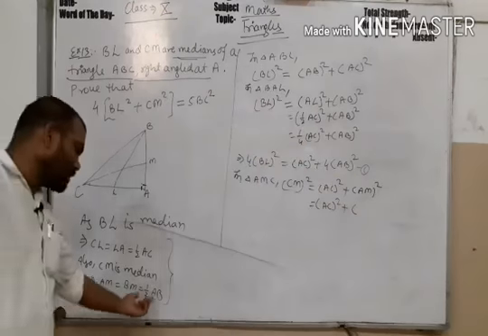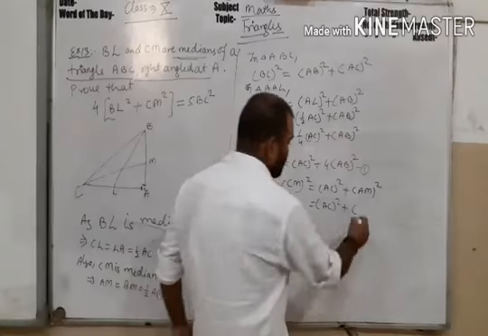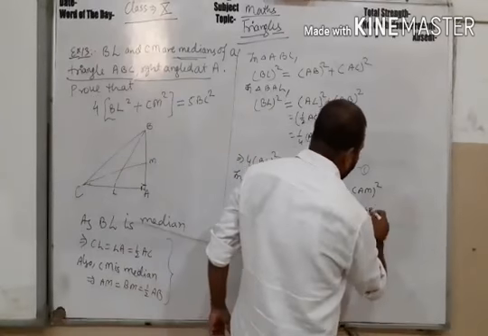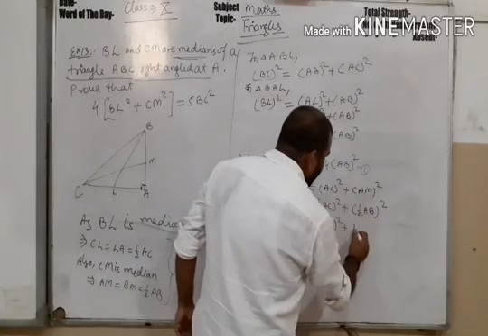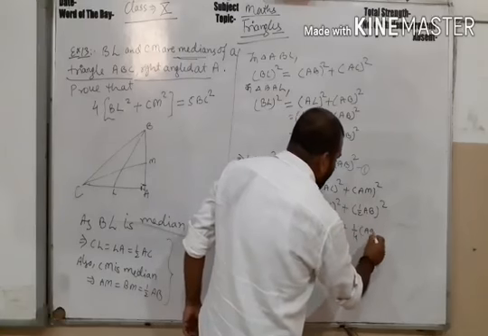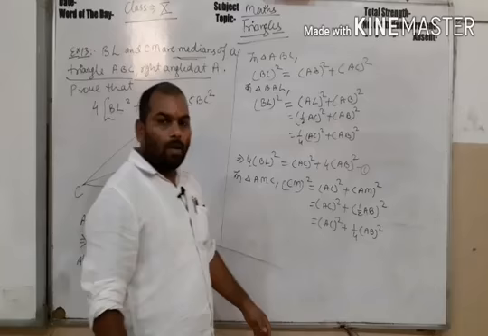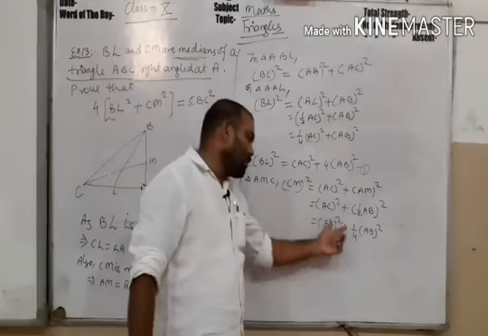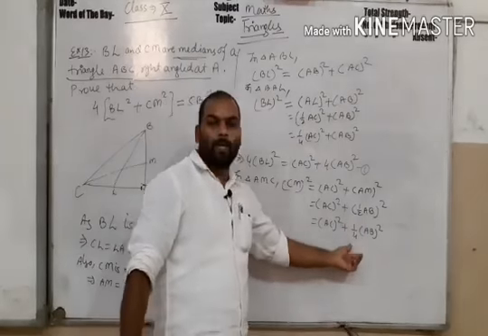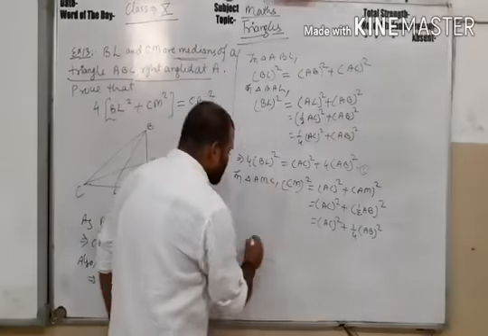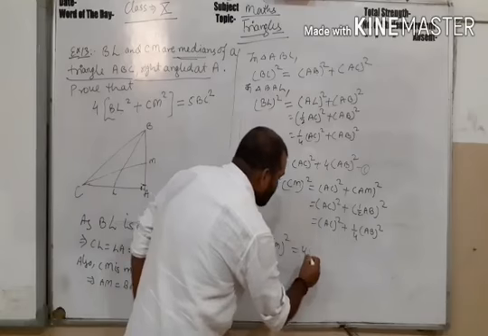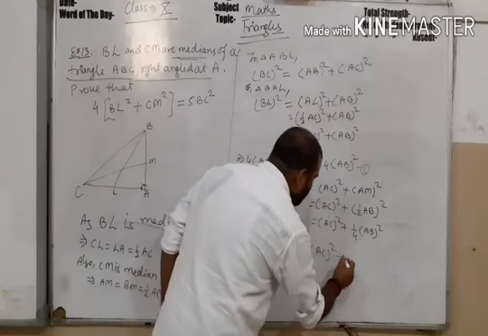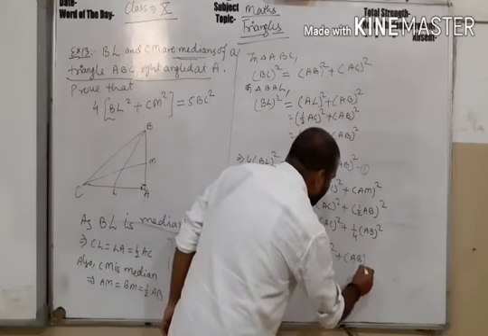AM can be replaced with half of AB. Again, this becomes the square of AC plus 1 by 4 times the square of AB. Now we will multiply each term again by 4 because this contains the denominator 4. So this becomes 4 times the square of CM is equal to 4 times the square of AC plus the square of AB.